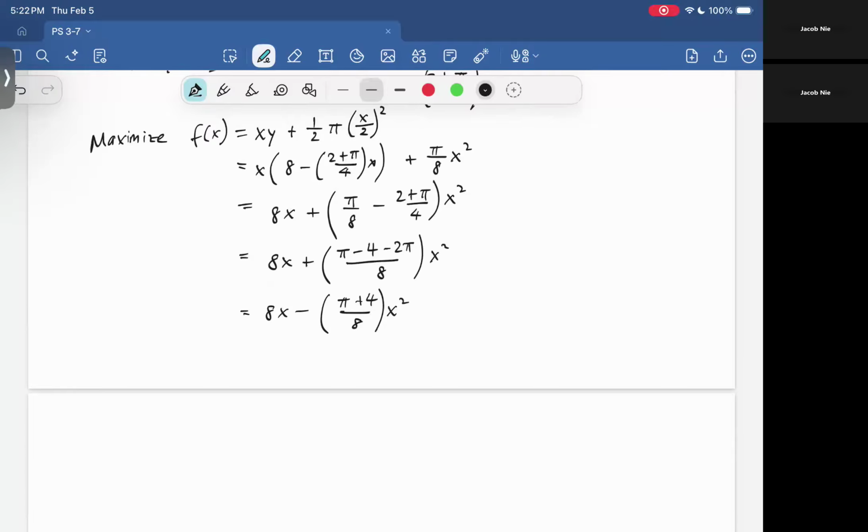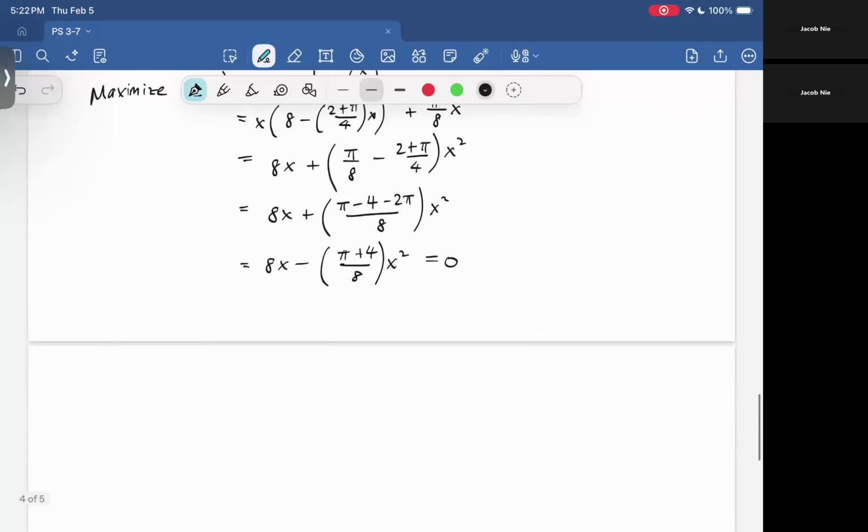And we're going to set this equal to 0. So after we set this equal to 0, we can solve. We're going to get 8x equals pi plus 4 over 8.